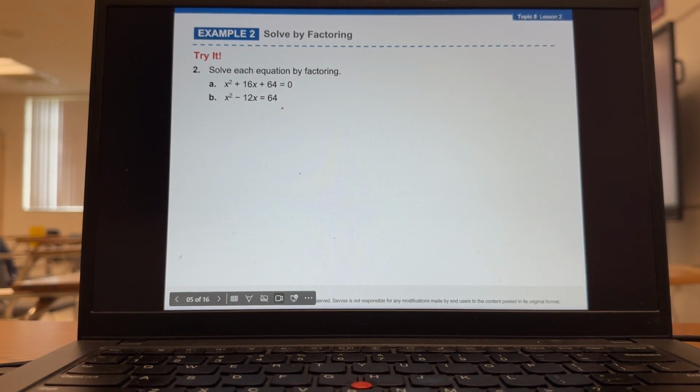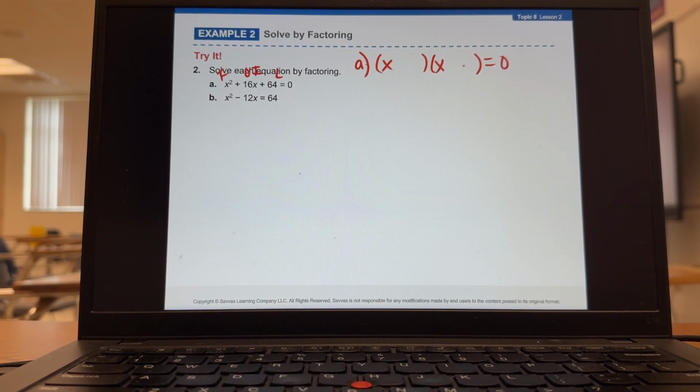So letter A is already written in standard form correctly: ax squared plus bx plus c equals 0. So again, if I undo FOIL, my first two terms have to give x squared, so x times x.